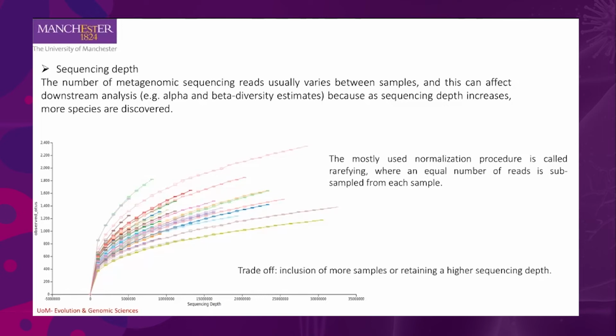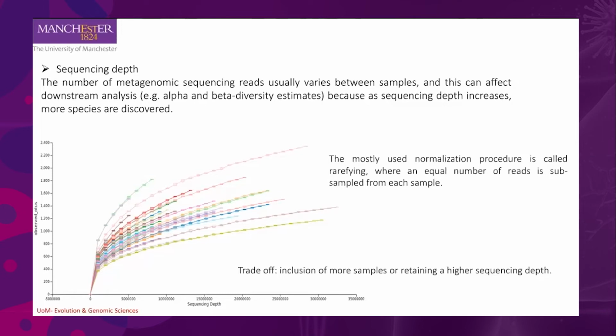The most used normalization procedure is called rarefying, where basically we subsample from our sequencing reads, and we use an equal number of reads subsampled from each sample. So basically, it's setting up a certain threshold for all samples where we can analyze the data.